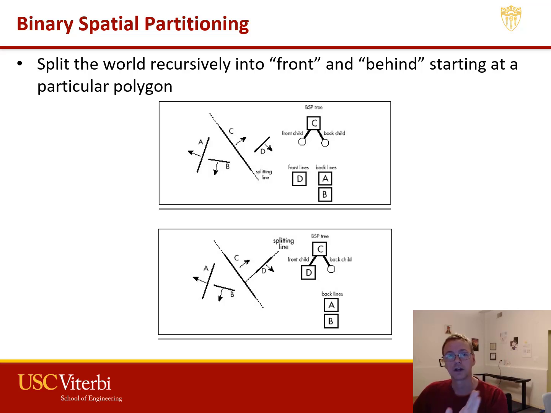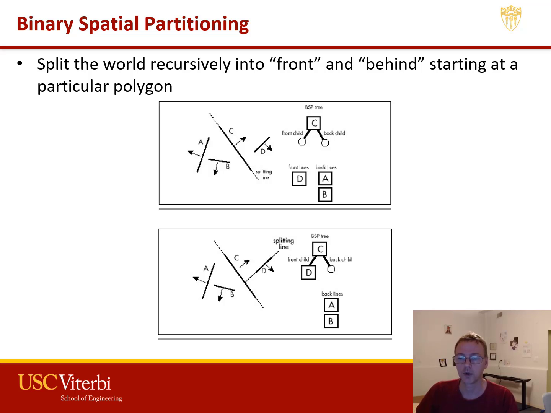The way we're going to split a BSP is we're going to make a plane, an arbitrary plane that we drop in the world somewhere that will conveniently split objects into those on the front half of the plane and those on the back half. And we'll build this into a tree structure.